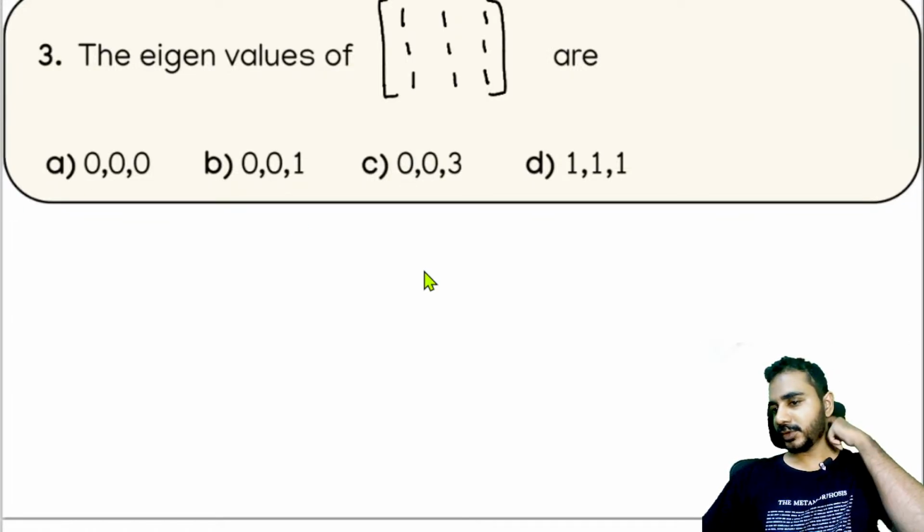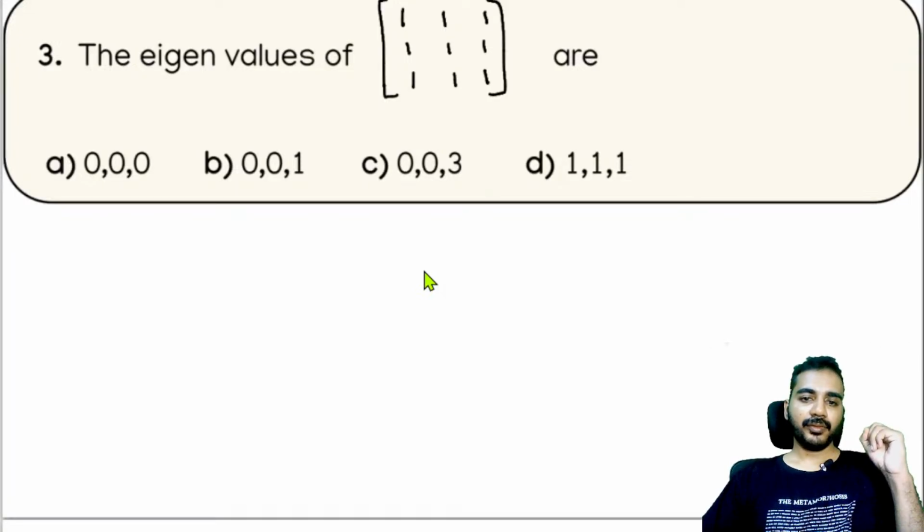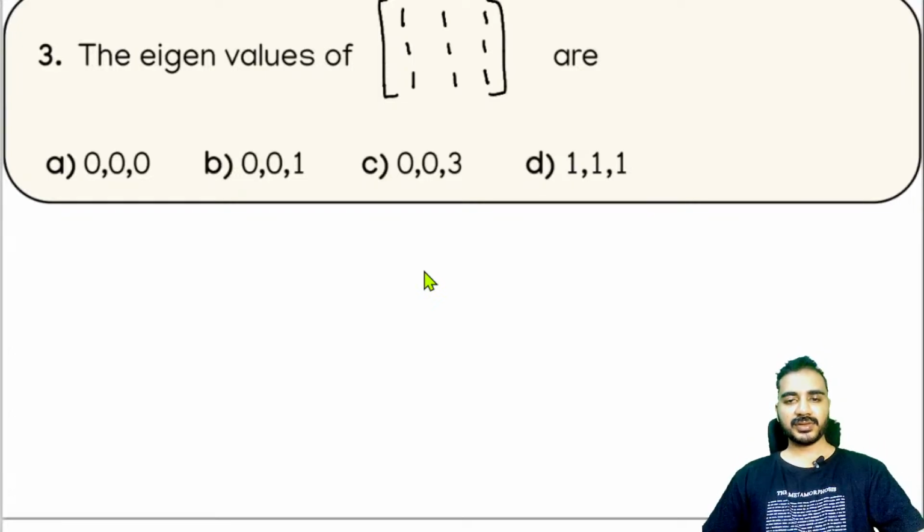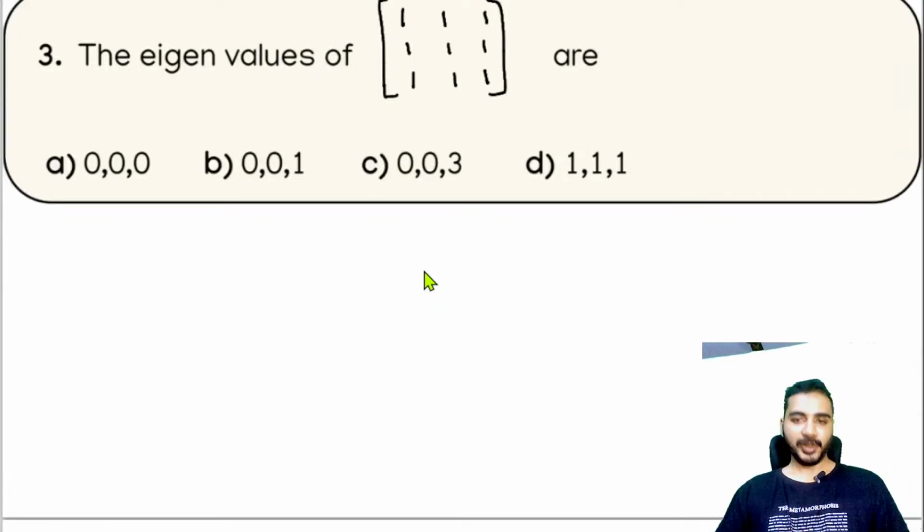Just try yourself, a very simple question. When we look at each subtopic, it feels simple. So find the eigenvalues of this matrix. Let me check the chat.